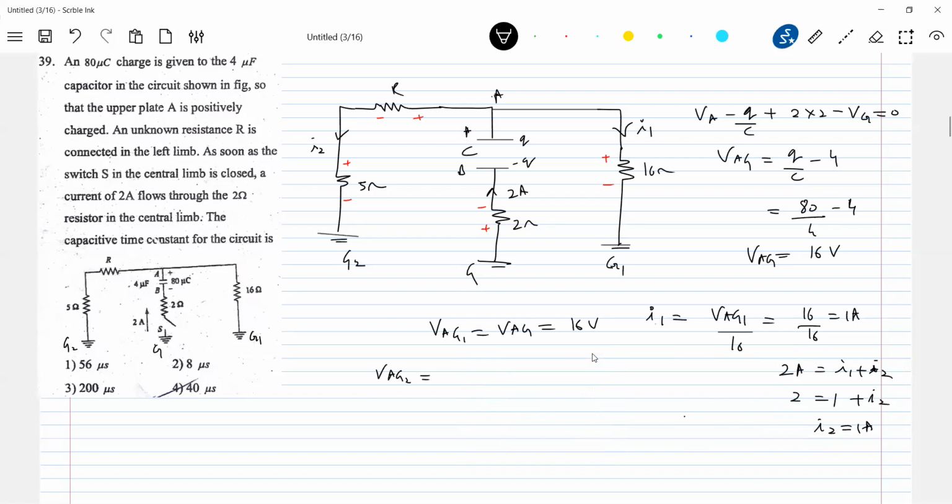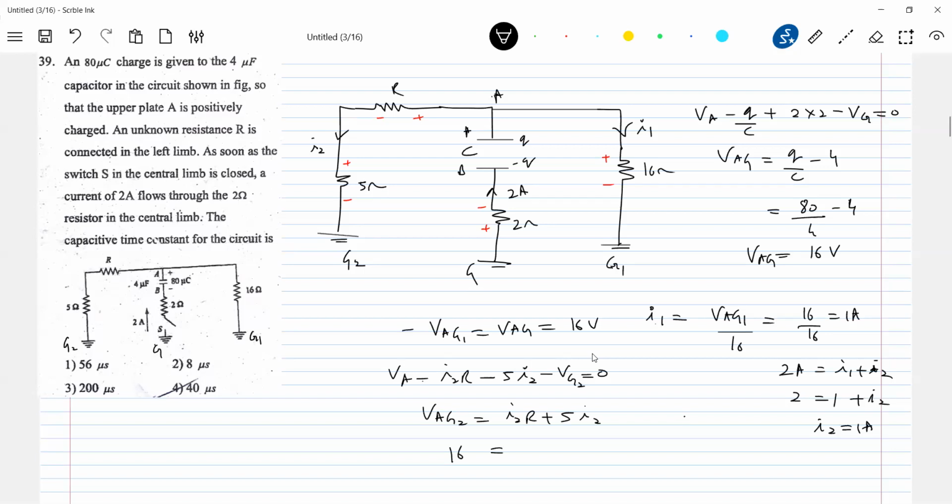VAG2 should be equal to, or I'll write the equation: VA minus I2R minus 5 I2 minus VG2 equals 0. So VAG2 is equal to I2R plus 5 I2. So this should be equal to 16, plus 5 I2, sir.